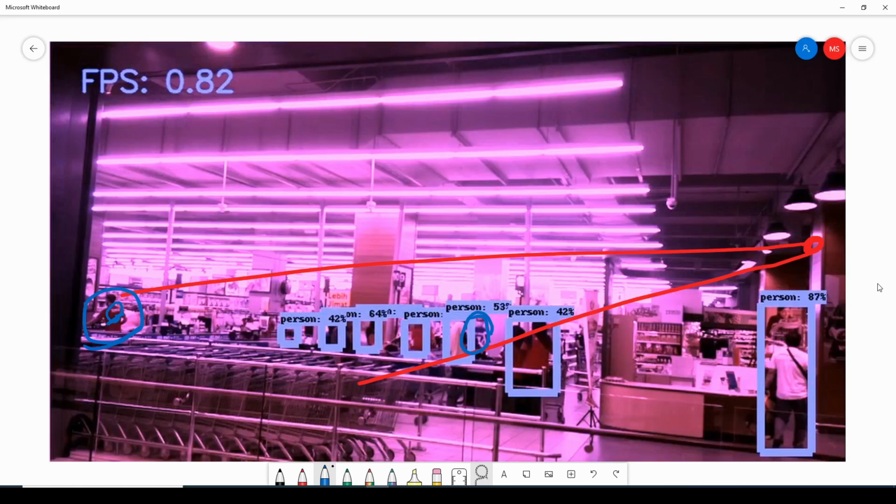When they are at the cashier counter, this camera sends the information to the server, which calculates it and gives permission for the number of customers that can come from the entrance to the store.